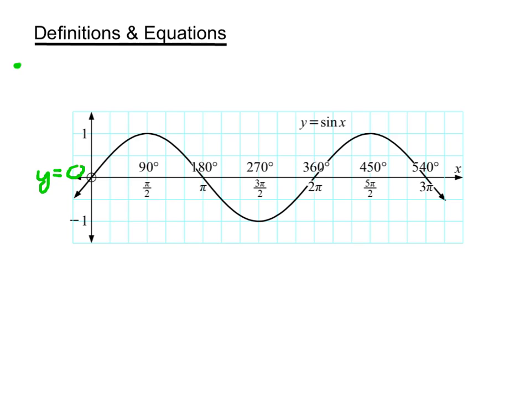We have a max of 1 and a minimum of -1. So I can quickly find the amplitude. The amplitude, remember, is the distance between either the max or the min and the principal axis. So in both cases, the amplitude is 1.